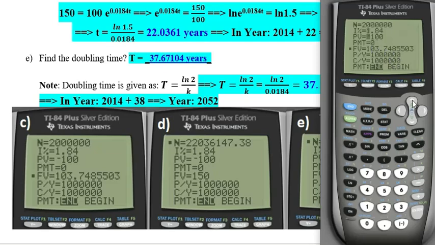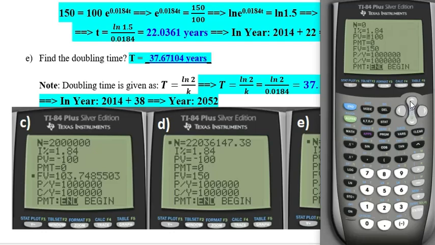Then for D, we are trying to find N, that is 0. Then this is 1.84. The initial is 100 million. PMT, we don't care. And it is going to reach 150 million in the future. And P over Y is 1 million. C over Y is 1 million.